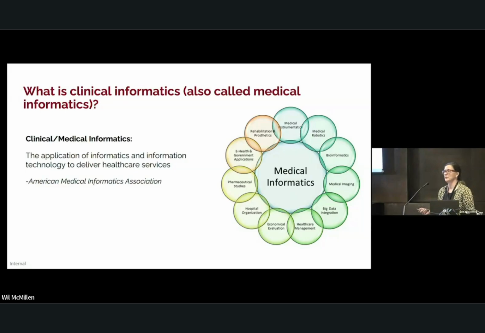This ranges from just the content and format of all communications up to highly sophisticated AI applications, and it encompasses really all aspects of healthcare. That's really not what I'm talking about today.